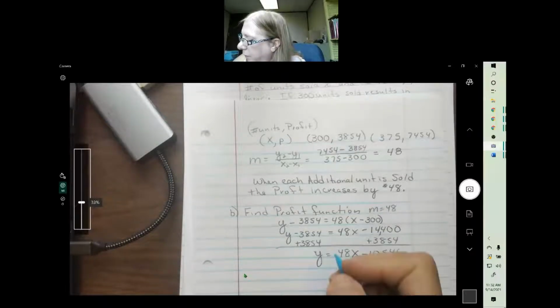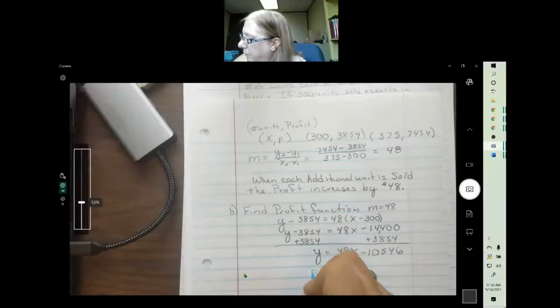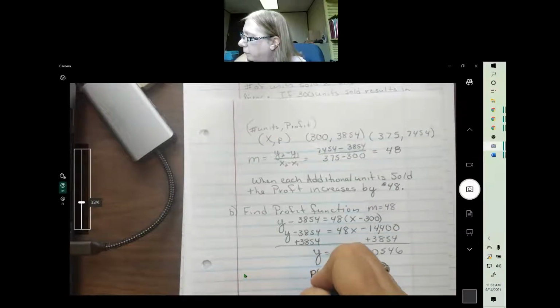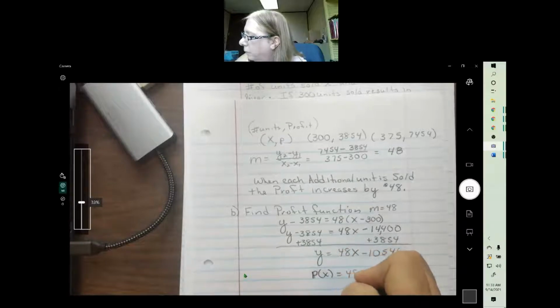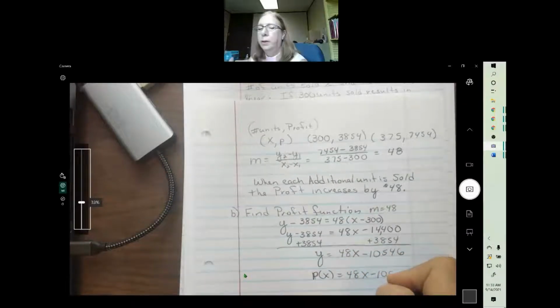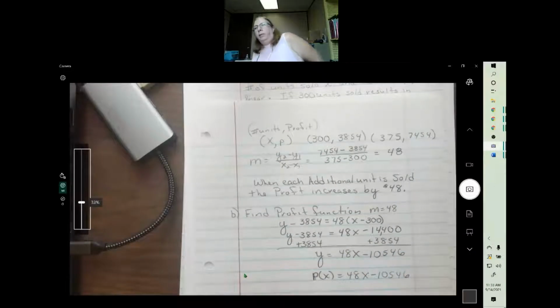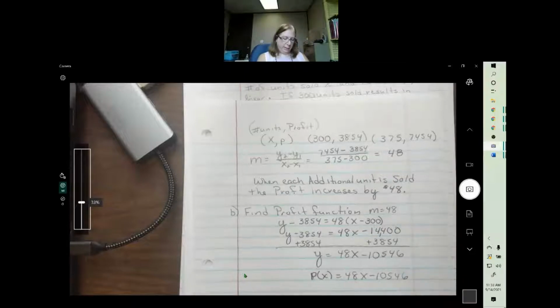Now, if you want, you can change your y to a p because it's a profit function, p of x. If I had you explain the y-intercept, this is the y-intercept, and it's a negative 10,546.